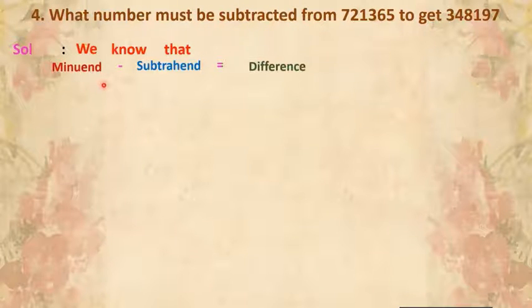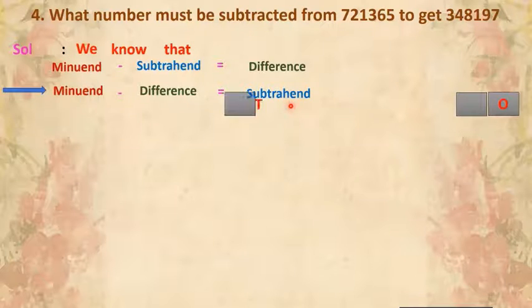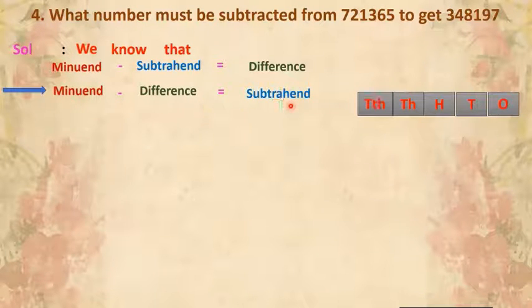Now here you have to write first. See, check it out, Nana. We know that minuend minus subtrahend is equal to difference, and that implies minuend minus difference is equal to subtrahend. So we are going to use this. So let us start doing that.